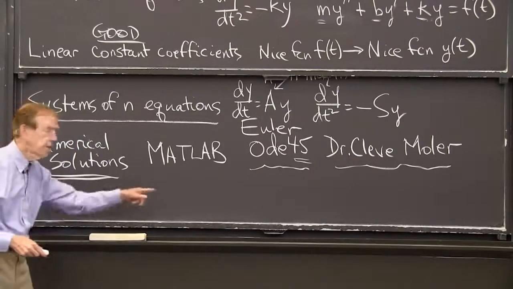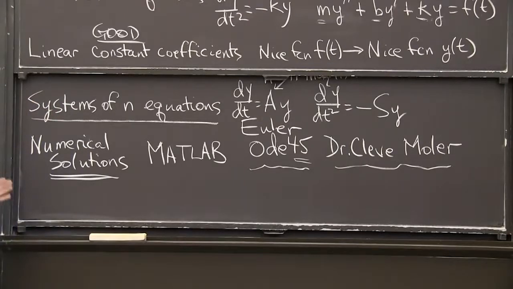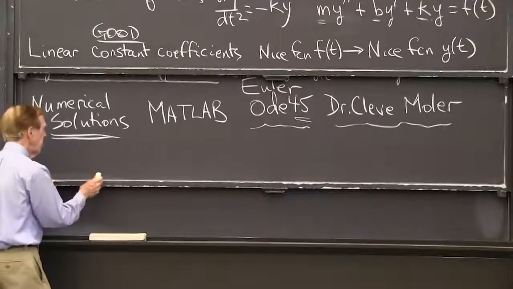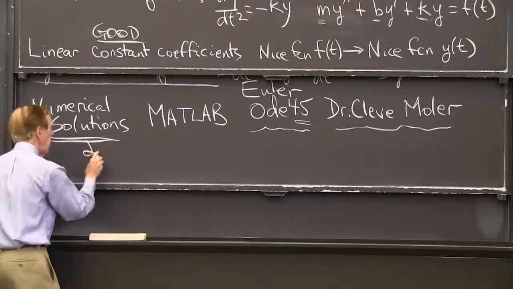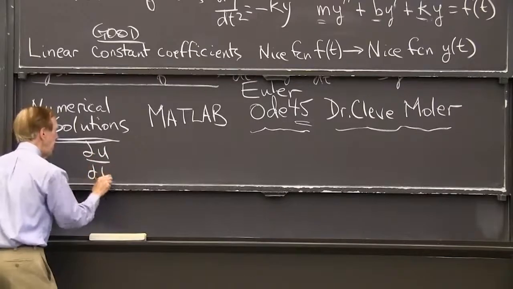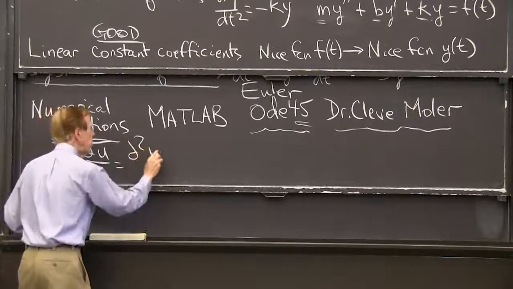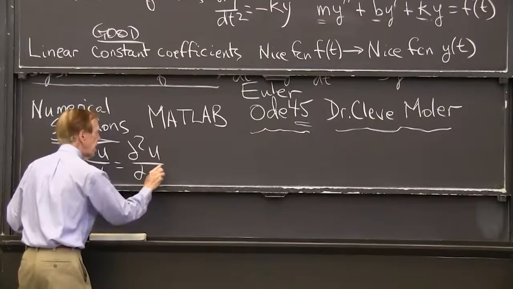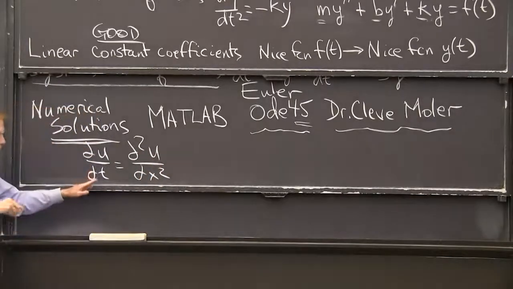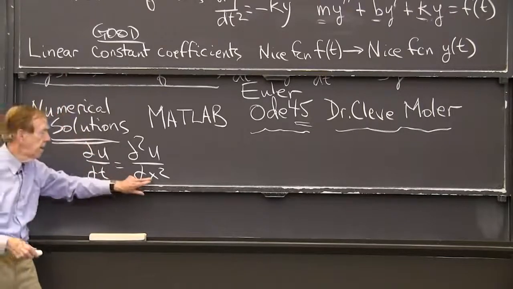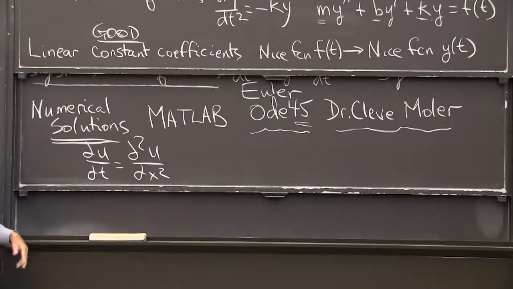So I'll just write some partial differential equations here so you know what they mean, and that's a goal which I hope to reach. So one partial differential equation would be du dt equals the second derivative. You see partial derivatives. So I have two variables now, time, which I always have, and here is x in the space direction. That's called the heat equation.